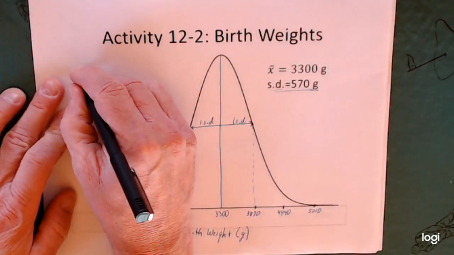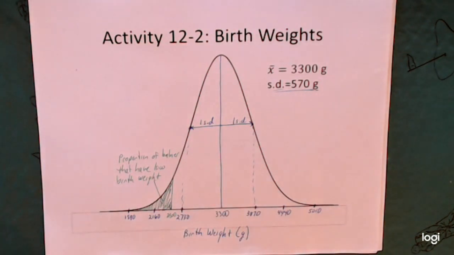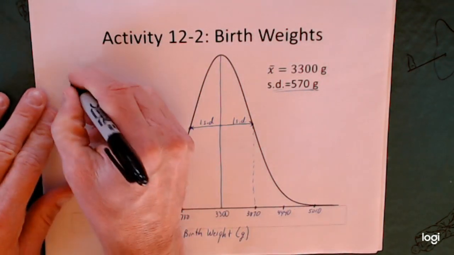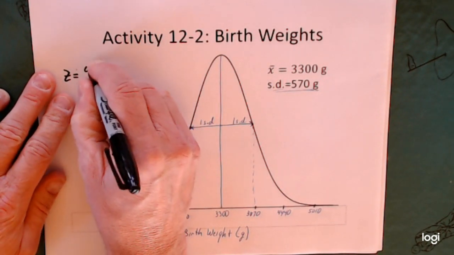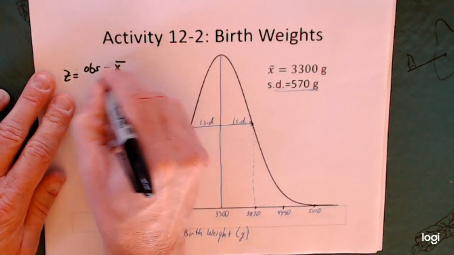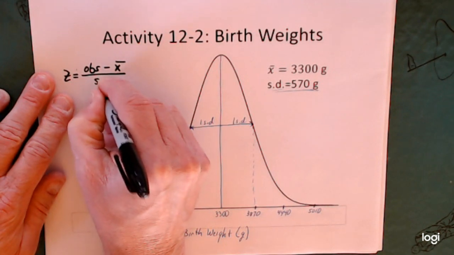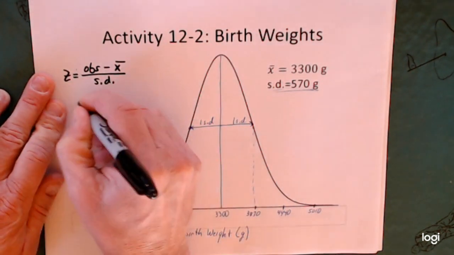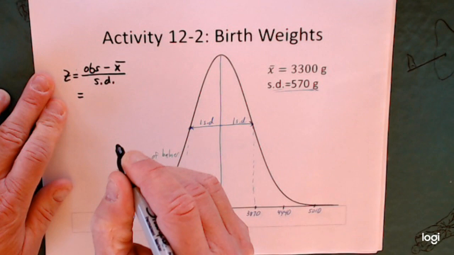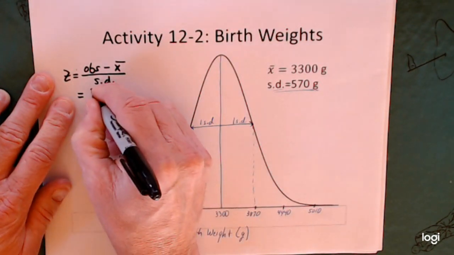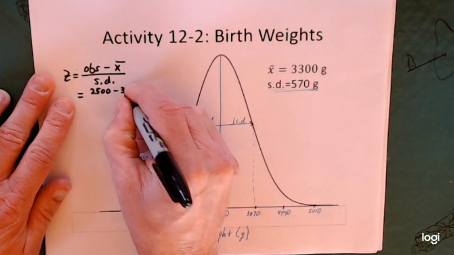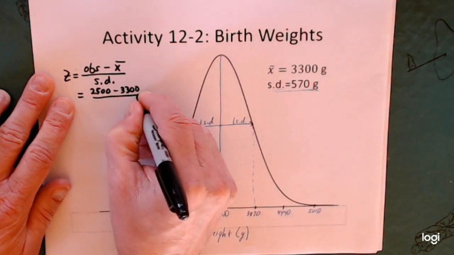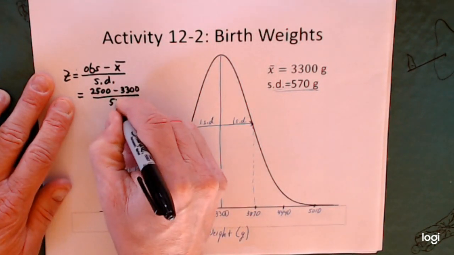So first let's find our z-score. Remember, to find your z-score, Z is our observation minus our mean, divided by our standard deviation. My observation is 2,500. My mean is 3,300. My standard deviation is 570.